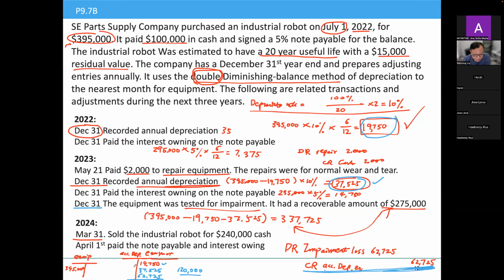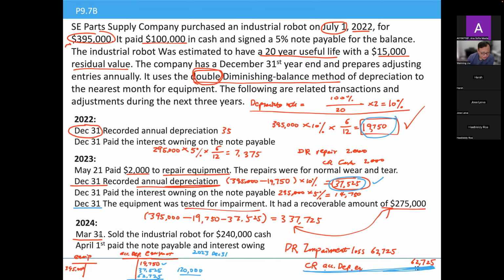So this balance is for December 31st, 2023. On December 31st, 2023, my equipment cost account is 395,000. The cumulative depreciation equipment is 120,000.